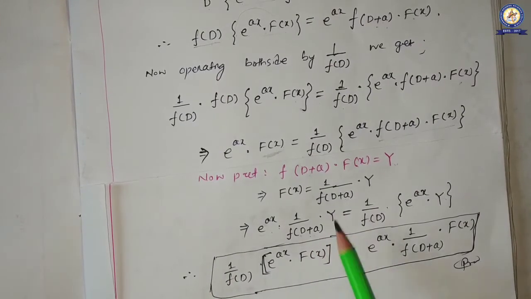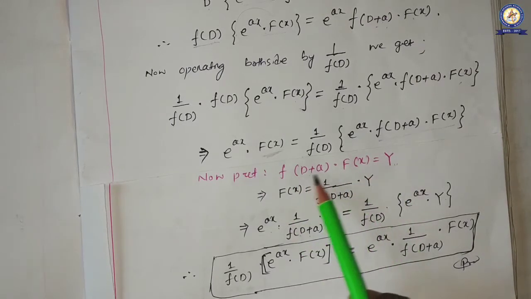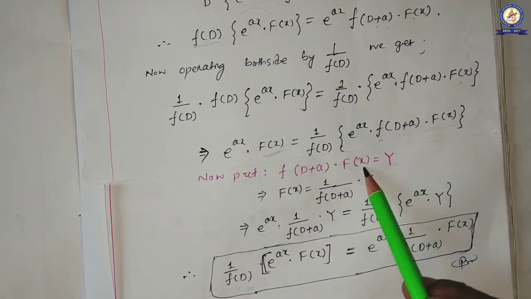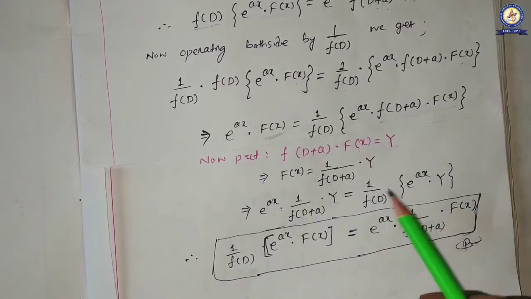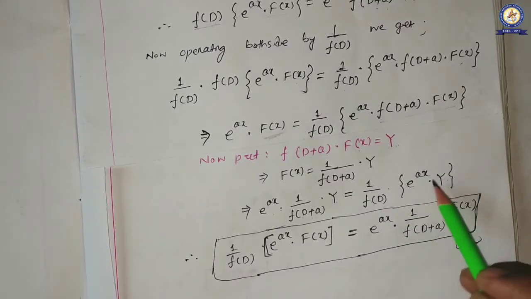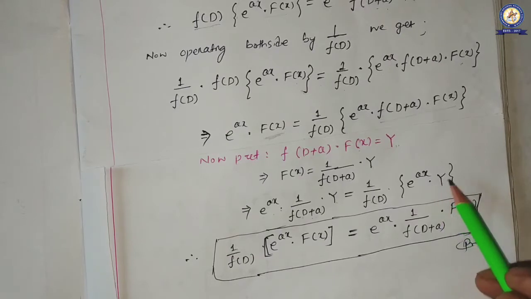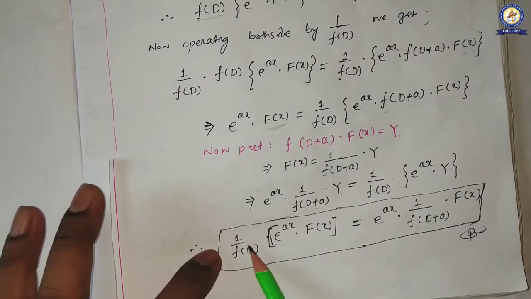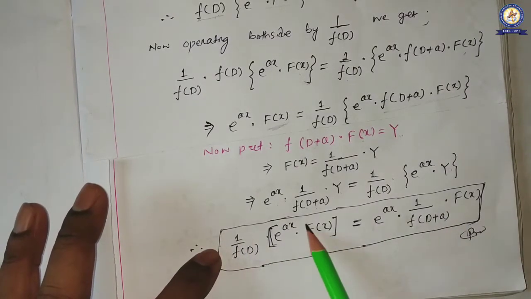Okay, so here Y is nothing but a function of x. The derivative part, leave it, but Y is a function of x. Likewise, if it is so, then instead of Y, if I consider another function, that is e^(ax) into F(x), 1 by f(D) e^(ax) into F(x), then what will it be? It will be e^(ax) moved outside, and this f(D) will be f(D plus a), into F(x).